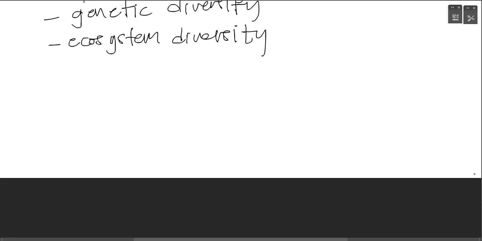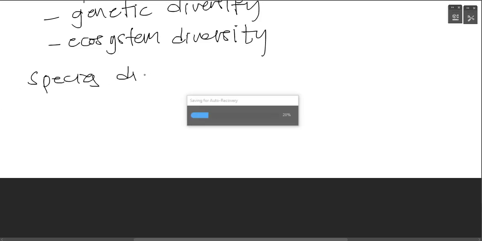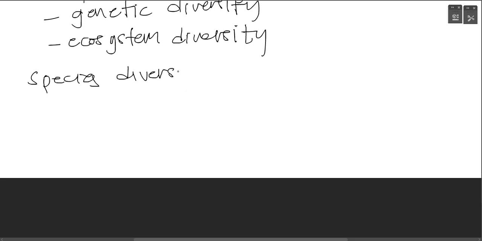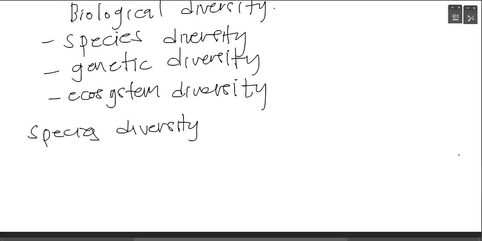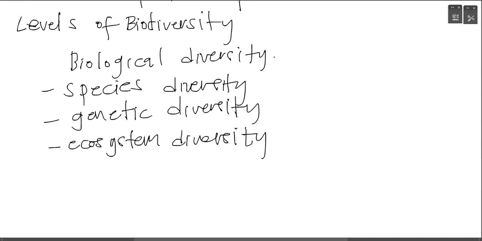So, species diversity consists of a large number of different kinds, shapes, colors, and sizes.